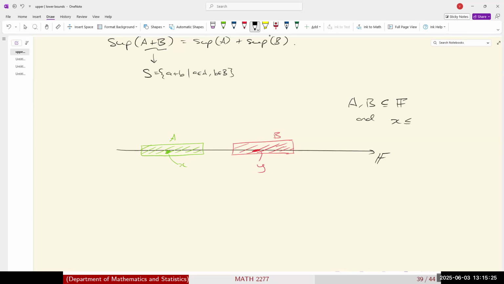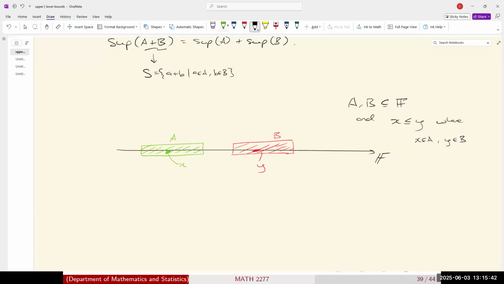We are saying x is less than or equal to y, where x is in A and y is in B. So every element in A is less than or equal to every element in B.